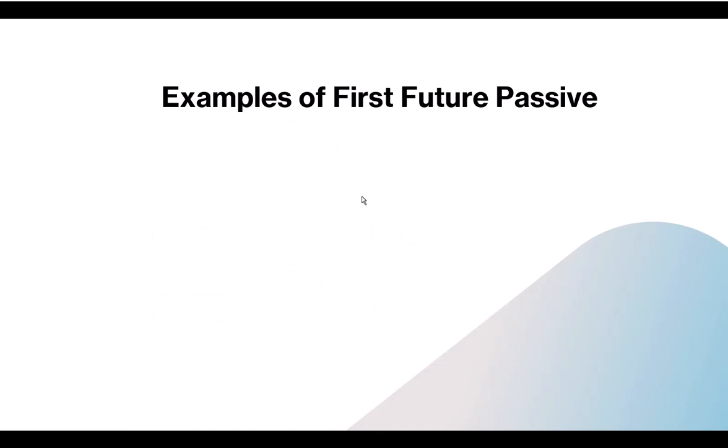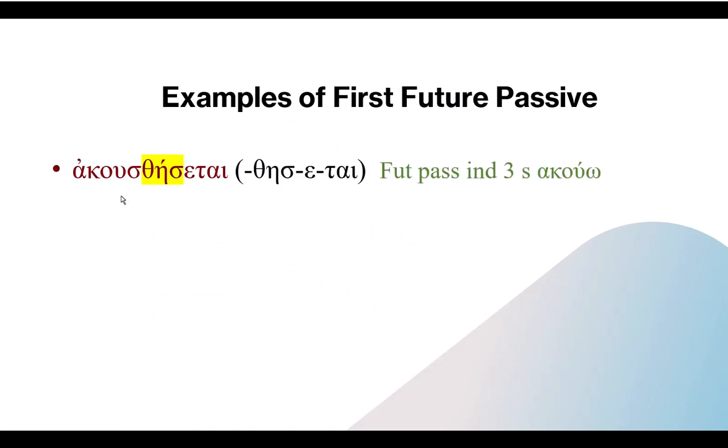Here are some examples of first future passive. So we have akousthesetai. And just as with the aorist that we saw a little while ago, notice that sigma hangs around even though we'd expect it to drop out. It's akousthes. So we'd expect it to be akuthes, but we can still tell what the verb is.